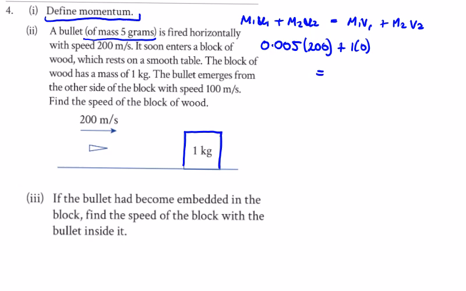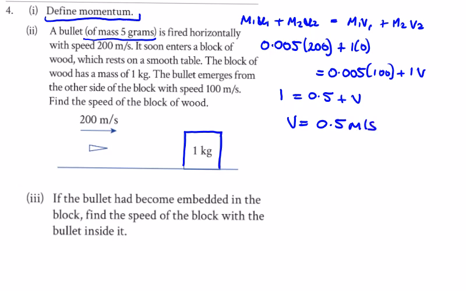It emerges from the block, so 0.005 at a speed of 100 plus 1 times v2. I'll just call it v. So 200 by 0.005, 0.5 by 2 is 1, is equal to 0.5 plus v, so the speed of the block is just 0.5 meters a second.